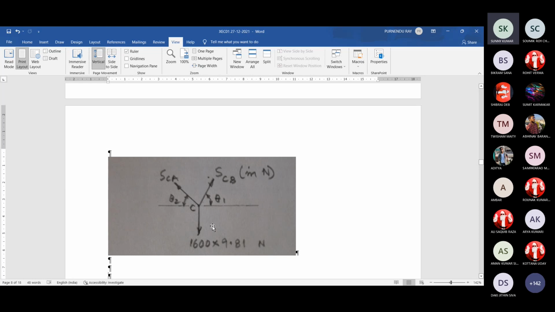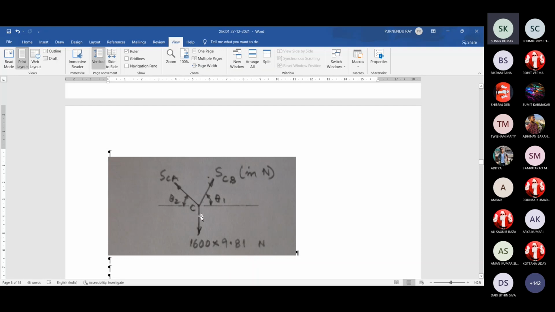Now here you can find out these angles included between S_CB and S_CA in this concurrent force system representation. Here this angle included between the self weight of the block and this direction of the member AC will be theta 2 plus 90 degree. This angle will be theta 1 plus 90 degree.